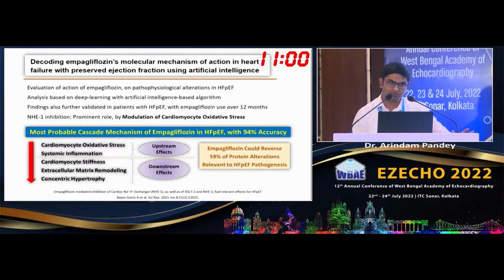These are the different postulations, but if we look at the overall result, empagliflozin could reverse 59% of the protein alterations relevant to heart failure with preserved ejection fraction patients.